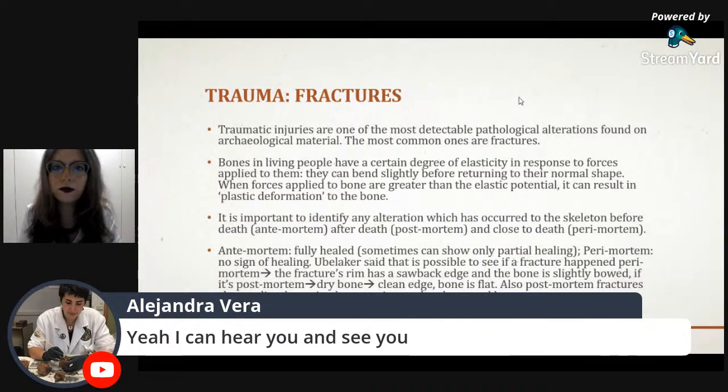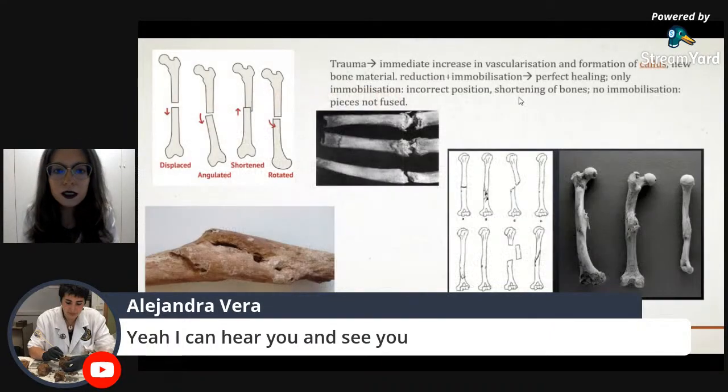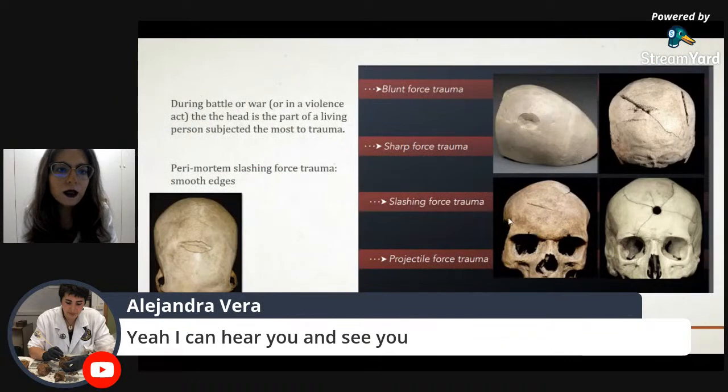Also, we have to remember that sometimes, for many reasons, the first one linked to the immune system and the strength of a person, a lesion or an injury of any kind could show partial obliteration.